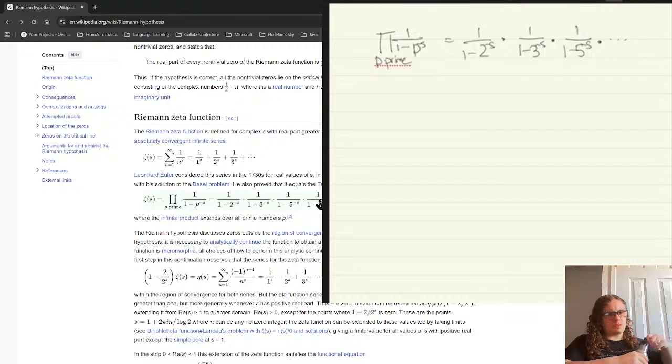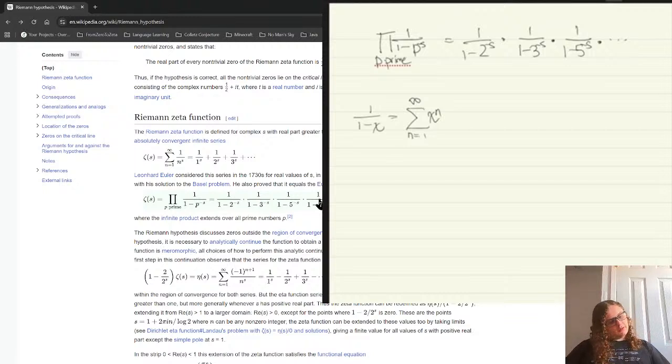So one thing I do remember is that 1 over 1 minus x is the expression for the infinite sum of x to the n.